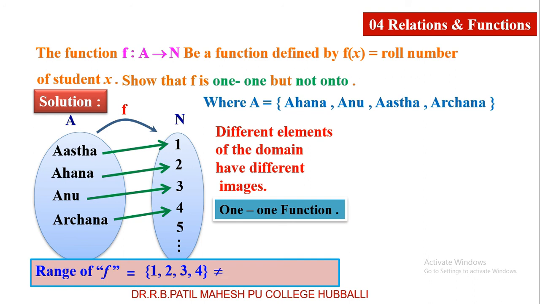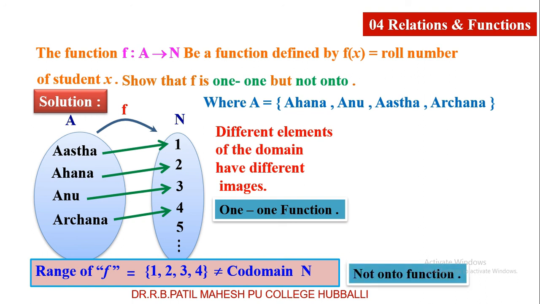The complete set of natural numbers, 1, 2, 3, 4, 5 and so on. So the codomain is N. Are they equal? Is {1, 2, 3, 4} equal to N? No, {1, 2, 3, 4} is not equal to N. Hence, the range of the function is not equal to the codomain, and it is not an onto function. Hence we proved this function is 1-1 and it is not onto.